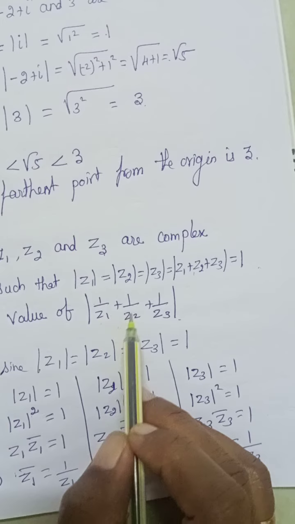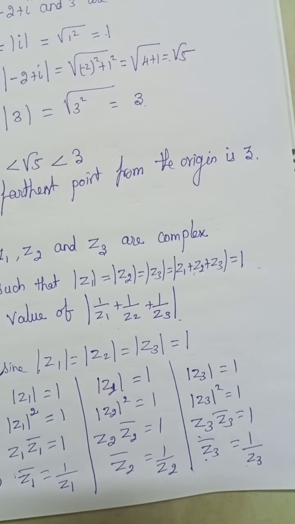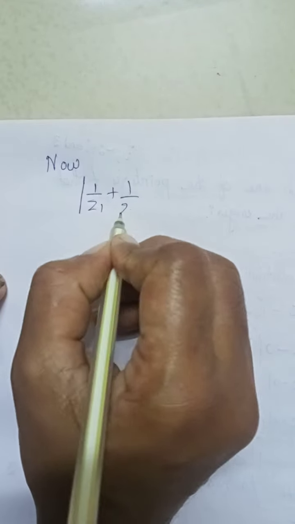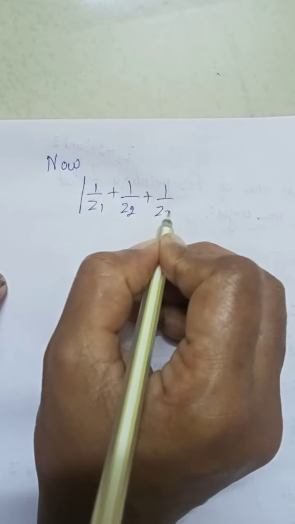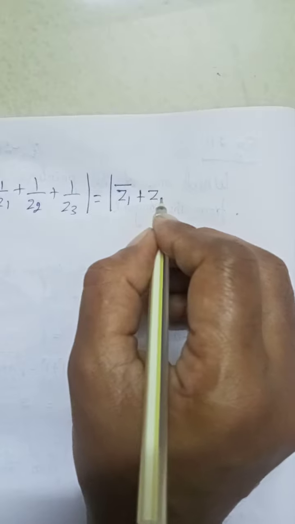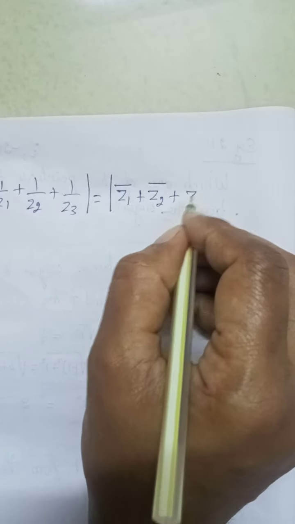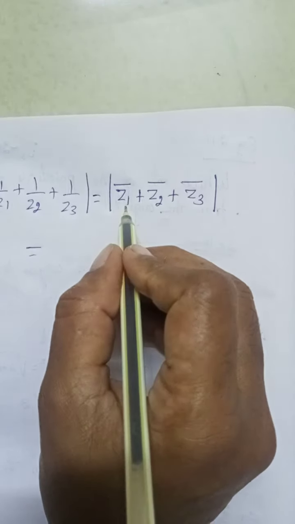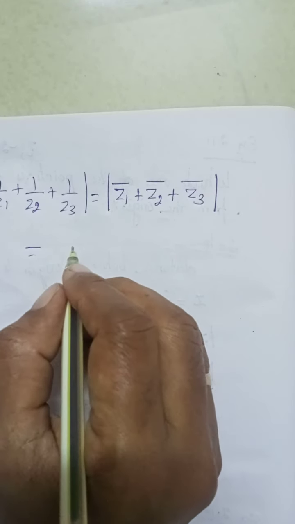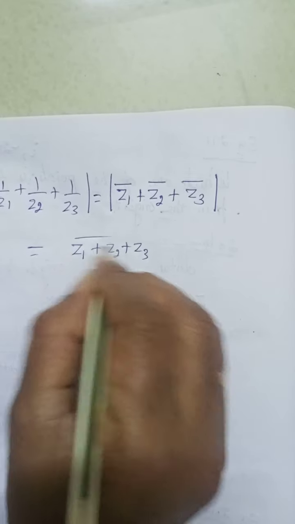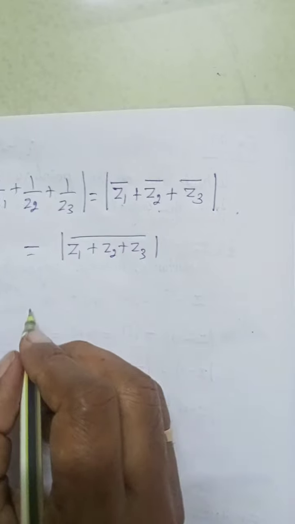What is modulus of 1 by Z1 plus 1 by Z2 plus 1 by Z3? Actually 1 by Z1 is Z1 bar, 1 by Z2 is Z2 bar and 1 by Z3 is Z3 bar. So Z1 bar plus Z2 bar plus Z3 bar, I can write as Z1 plus Z2 plus Z3 the whole bar, isn't it?